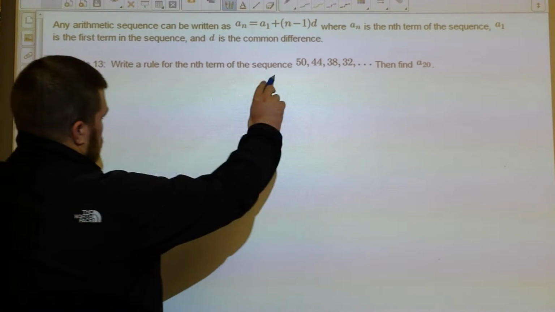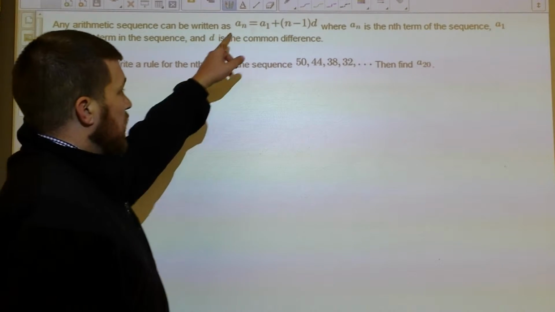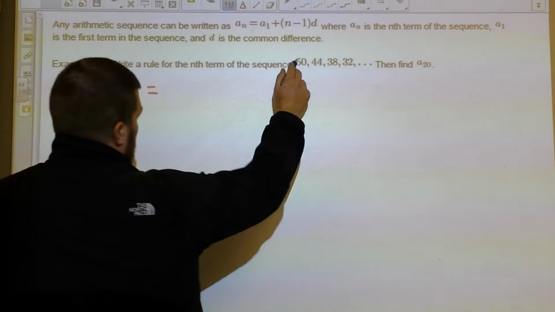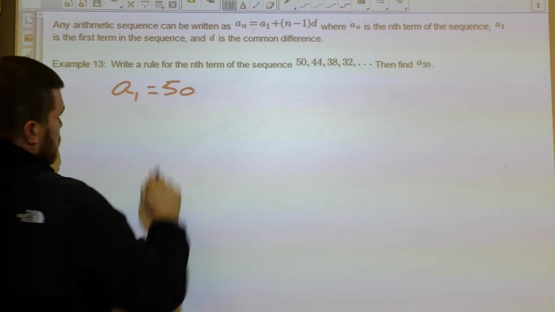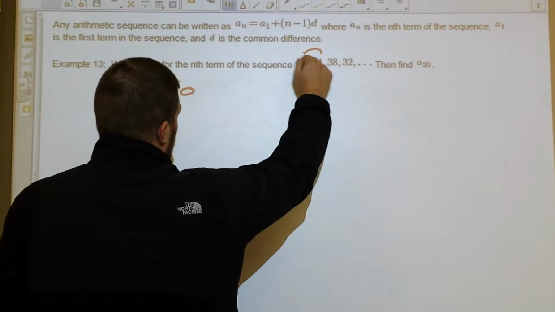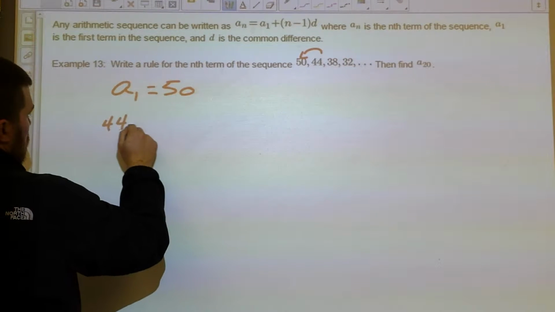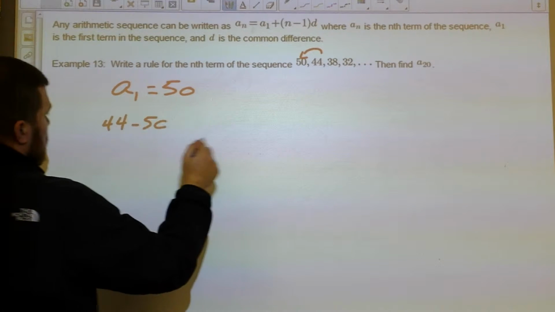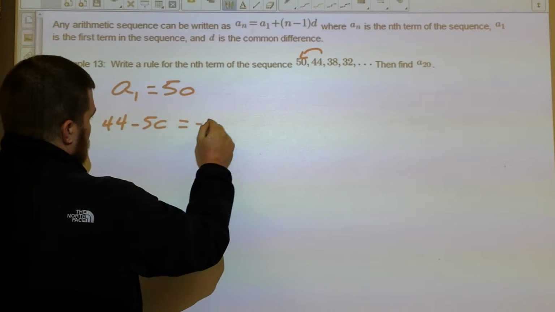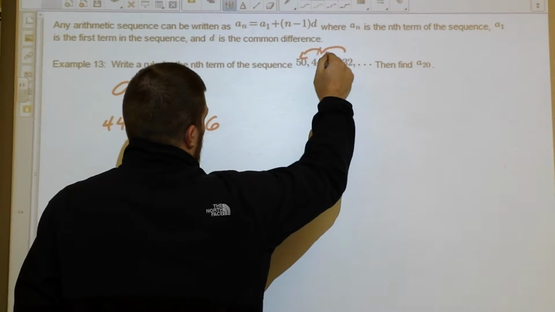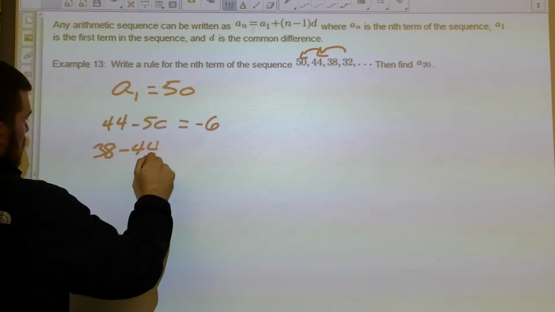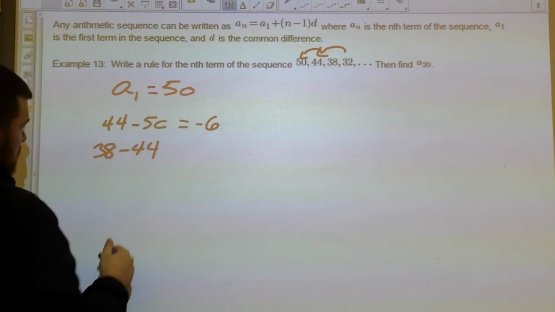Let's start off with just writing our rule. I'm going to pretty much plug in what I have here. Obviously a of 1 is in the first position, so that's going to be 50. I need to find my common difference, d, so I'm going to do a little bit of scratch work. 44 minus 50 is negative 6. 38 minus 44 is negative 6.